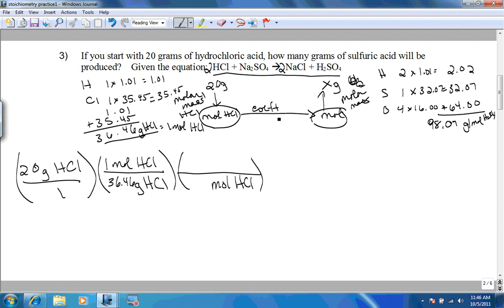To do that, we're going to use the coefficients. So if you look at HCl, the coefficient is 2. And we're going to H2SO4, so moles H2SO4, and the coefficient there is 1. Notice that where we're coming from is always going to be on the bottom. Where we're going to is always going to be on top.